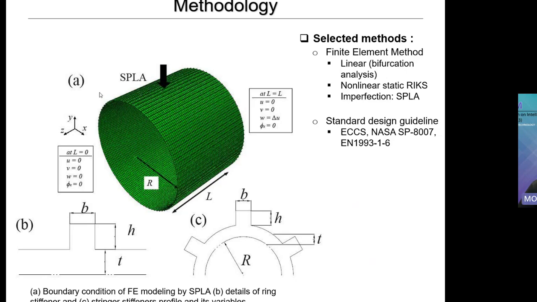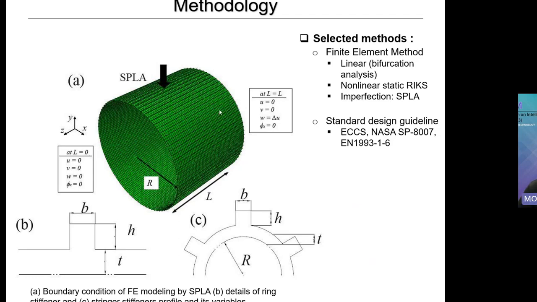And here, as you can see, photo A shows a stiffened cylindrical shell with its boundary conditions and everything as we expected. At one end of the cylinder, we fully fix it, and at the other end, we apply a compressive load.